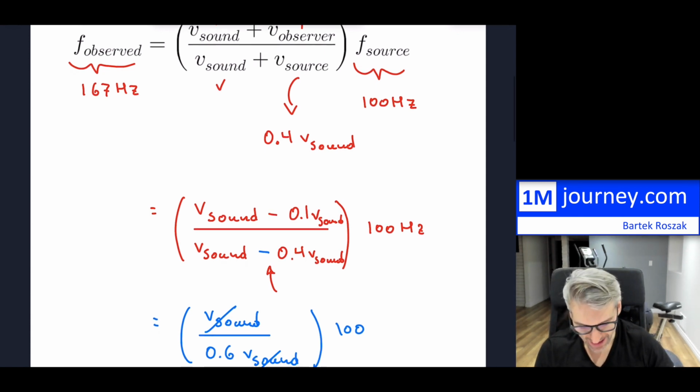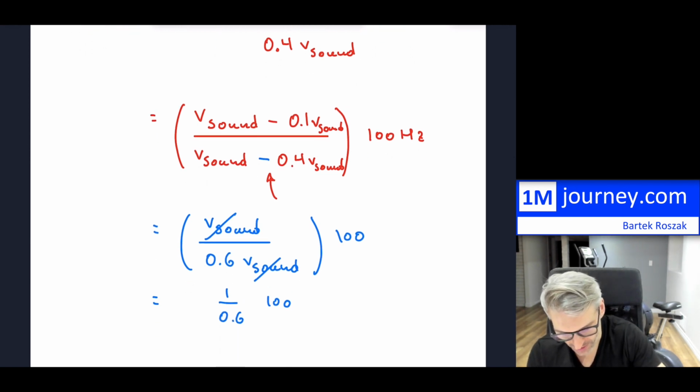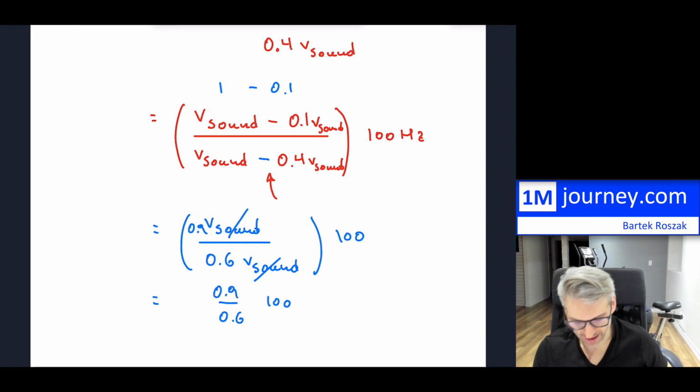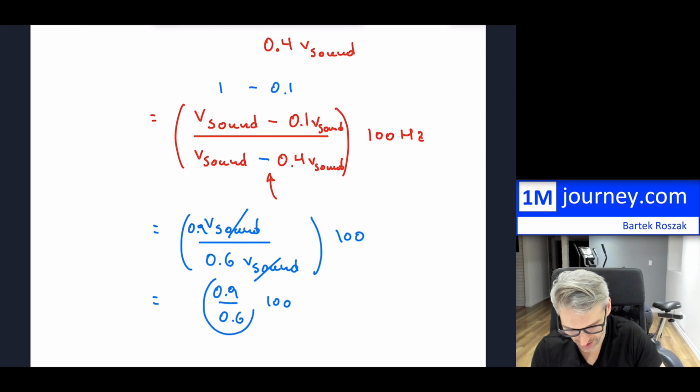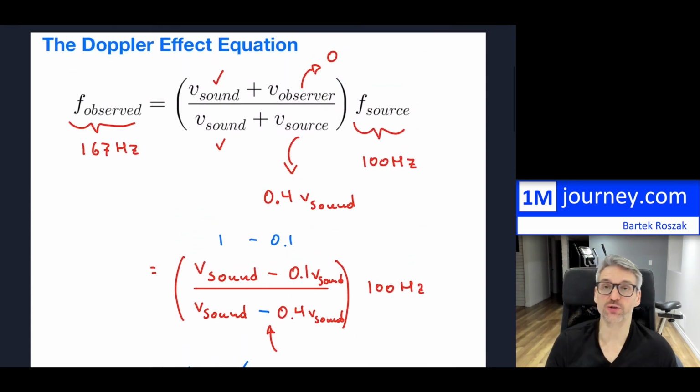If I do a negative, then instead of having 1 here, this is going to be 1 minus 0.1, which is 0.9. So the speed of sound will still cancel, and now you're going to get 0.9 out of here. And you can see that this fraction, 0.9 over 0.6, is indeed just 1.5. And 1.5 times 100 is 150 hertz. So that's what you would have, and that's how you can utilize this equation.